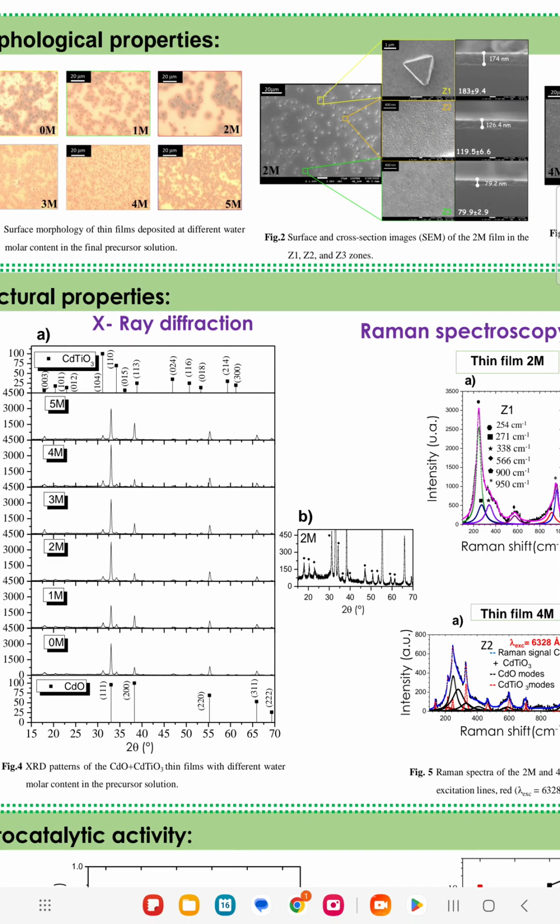We can see from this figure that our films, for all the water molar concentrations, present 2 phases. Our films have polycrystalline quality. They have the presence of cadmium oxide and cadmium titanate as the only phases in the film.